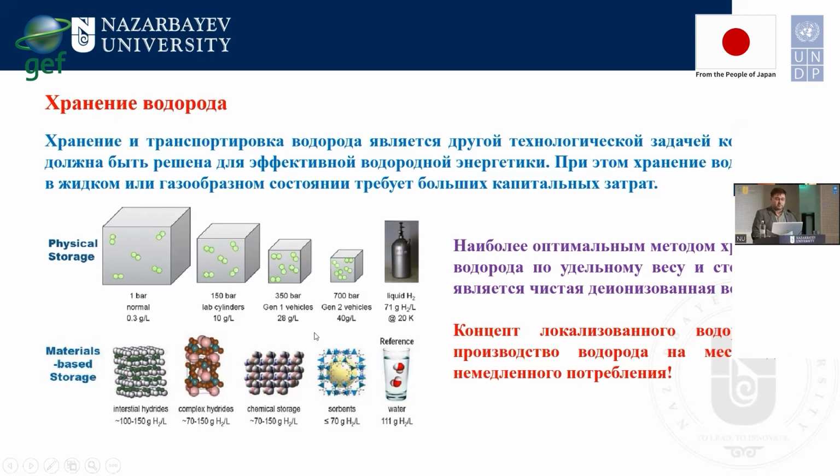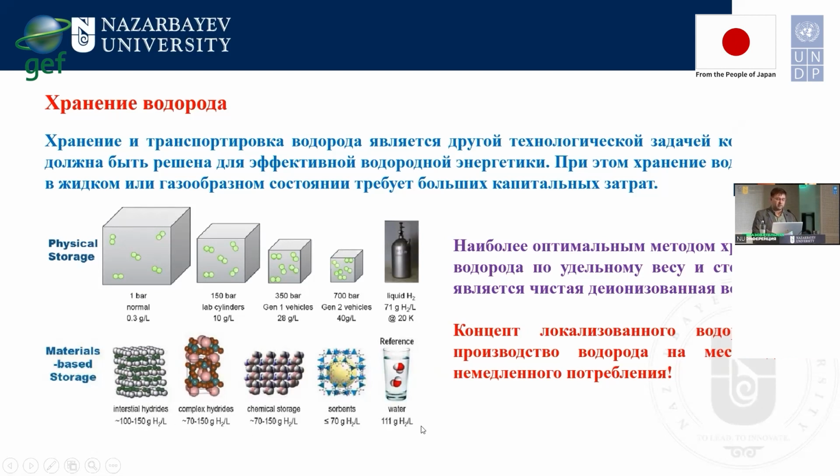And if you look at other methods like materials-based storage, it is storing hydrogen in the form of materials like different hydrates, complex hydrates, and chemical storages, different sorbents, very porous sorbents where hydrogen can be stored.